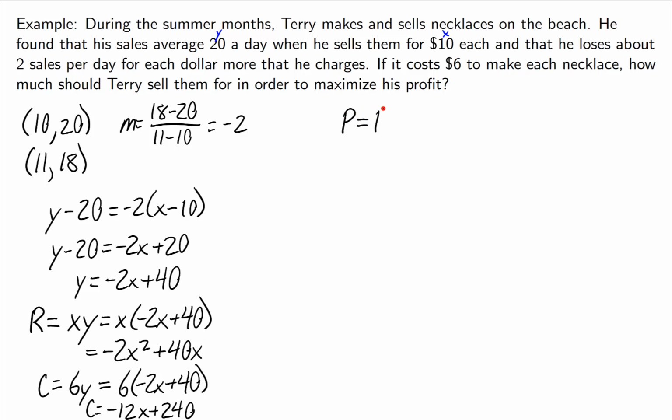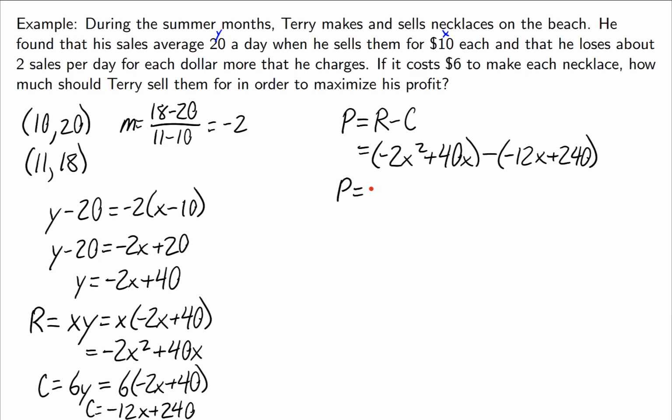The profit function is revenue minus cost. So this gives us -2x² + 40x - (-12x + 240). And if I simplify that, I get that my profit function is -2x² + 52x - 240.